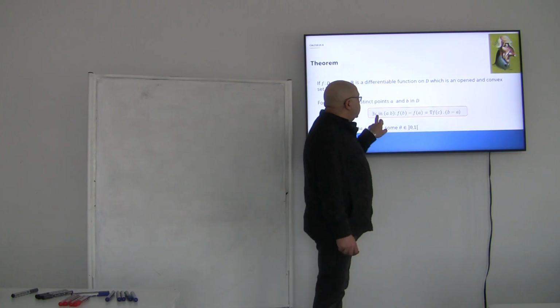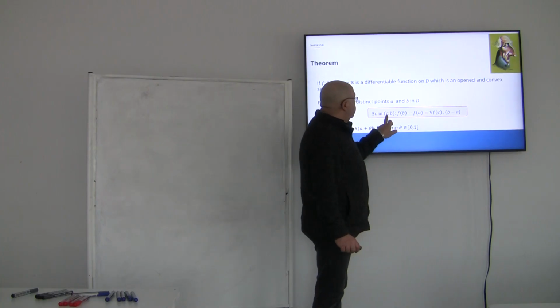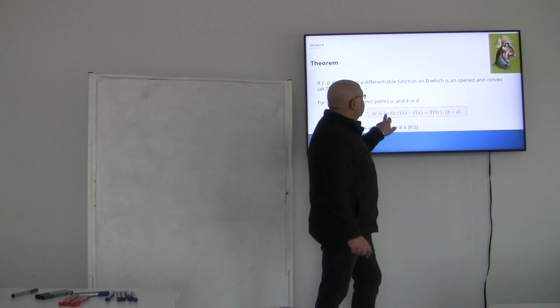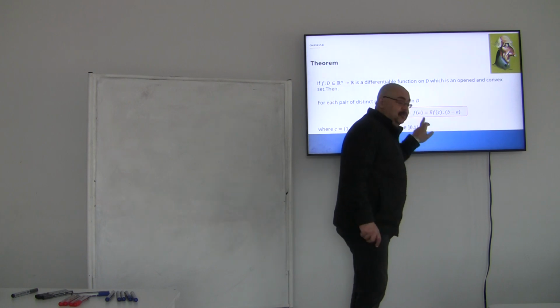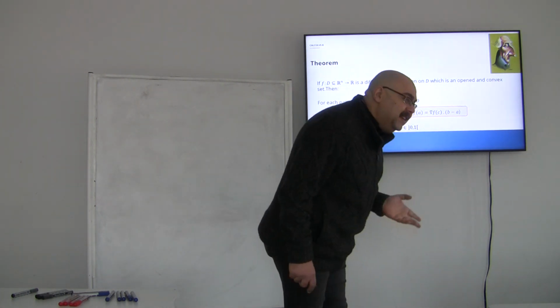So there exists some value of c which belongs to the interval a, b or whatever, because it could be a region or an interval, depending on the number of variables. And such that f of b minus f of a, instead of having f dash, we have the general definition of the first derivative, which is the gradient.